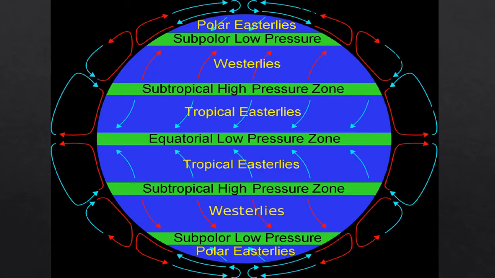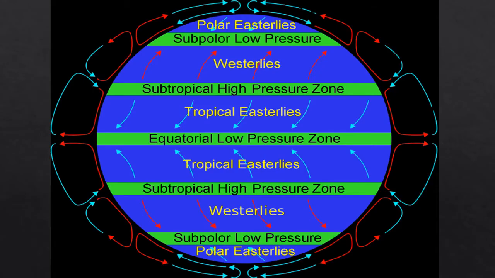In the northern hemisphere, the air moves towards the south, and in the southern hemisphere, the air moves towards the north. At this point, we have air coming from north and south. So at this point, the air converges and rises up. These regions are known as subpolar lows.